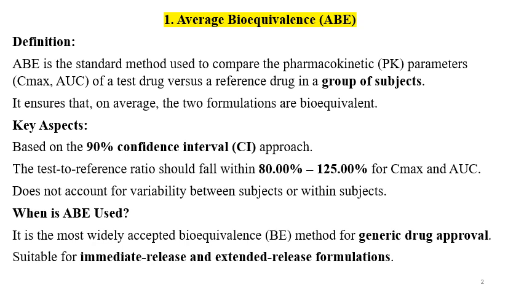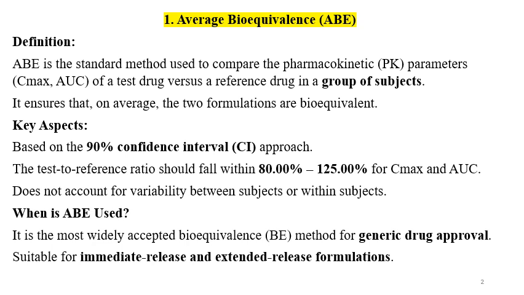And this average bioequivalence study does not account for variability between the subjects or within the subjects, because it is based on the average of two formulations for the Cmax and AUC. So this is the generalized study, or this is the very popular study for proving the bioequivalence between different formulations.